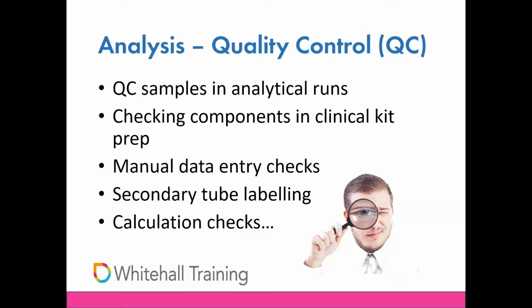There are a vast number of quality control steps that could be taken, but the overarching requirement is that quality control activities need to minimize the risk of mistakes. For this reason, it might be appropriate to take a risk-based approach when you're deciding on the type and frequency of checks that you're going to do.